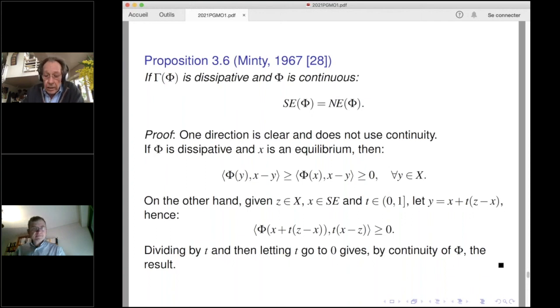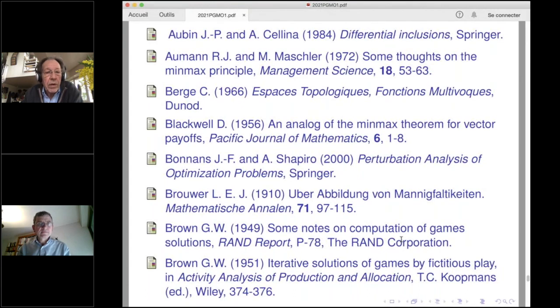And here are the references. Aubin-Cellina, differential inclusion, this is needed for the best reply dynamics. You remember that there was a differential inclusion and a dynamical system with this differential inclusion. So the existence and the properties will be in the paper by Aubin, in the book by Aubin-Cellina. Hofbauer-Sandholm, this was the min-max example.